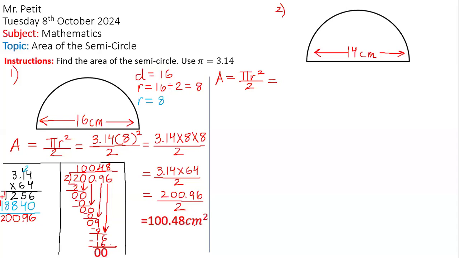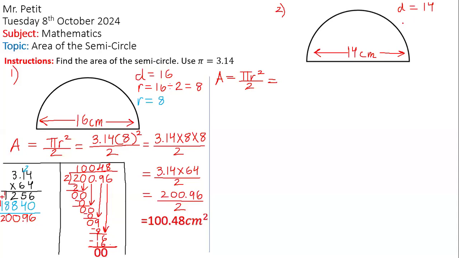Now, in this case, what is our radius? 7 centimeters, right? Our radius is 7. So our diameter is what? Our diameter is 14.